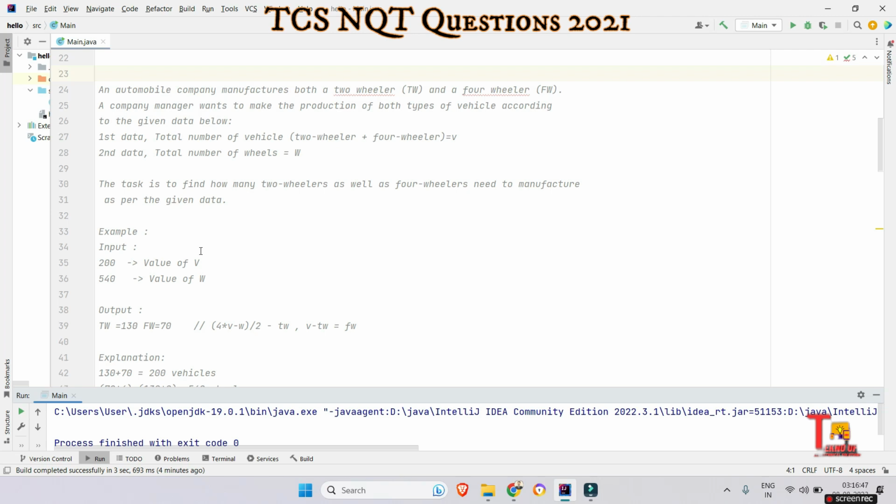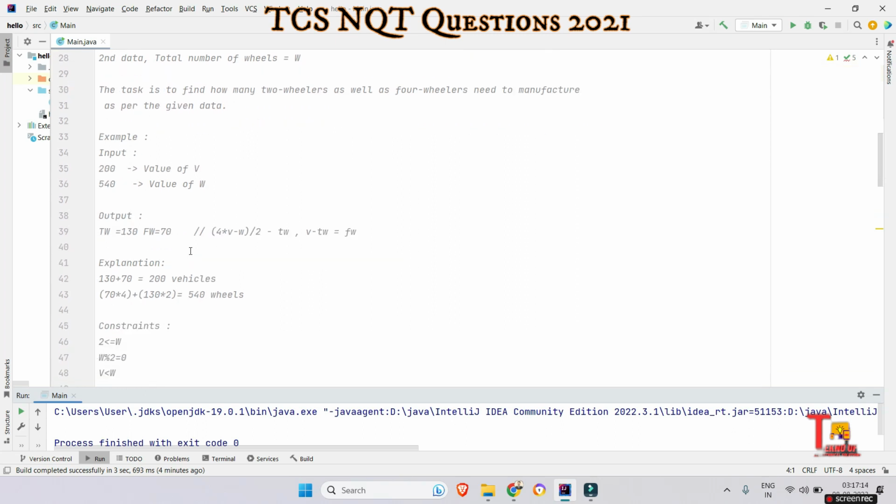right? And the sample input is 200, that is the total value of vehicles V, right? They want to manufacture 200 vehicles and they have 540 wheels, right? So how many two-wheelers and how many four-wheelers they can manufacture, you have to calculate that, right?